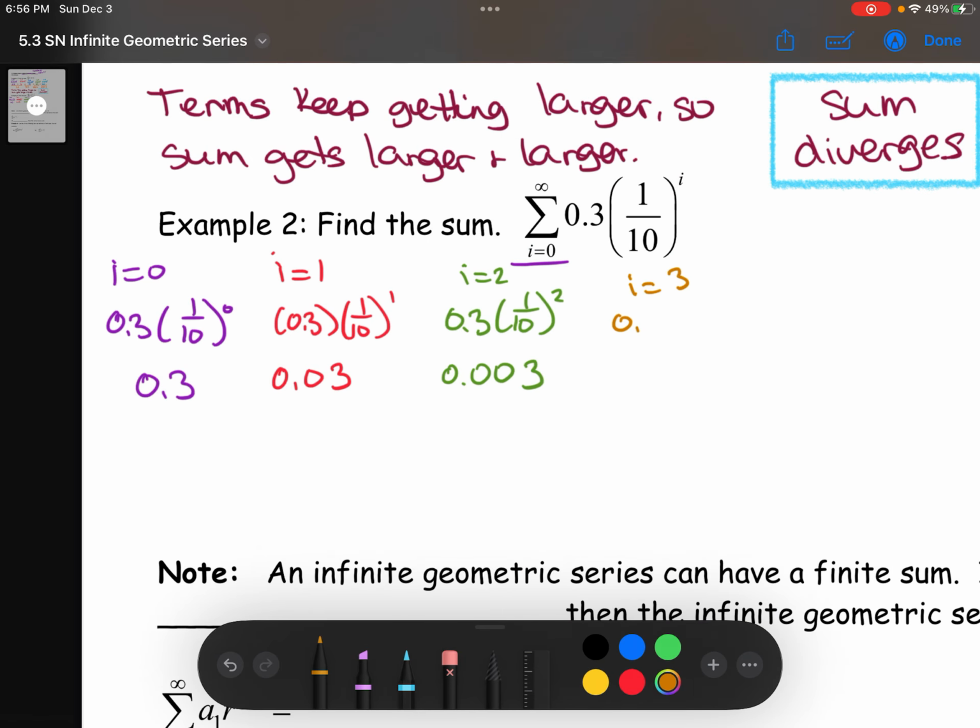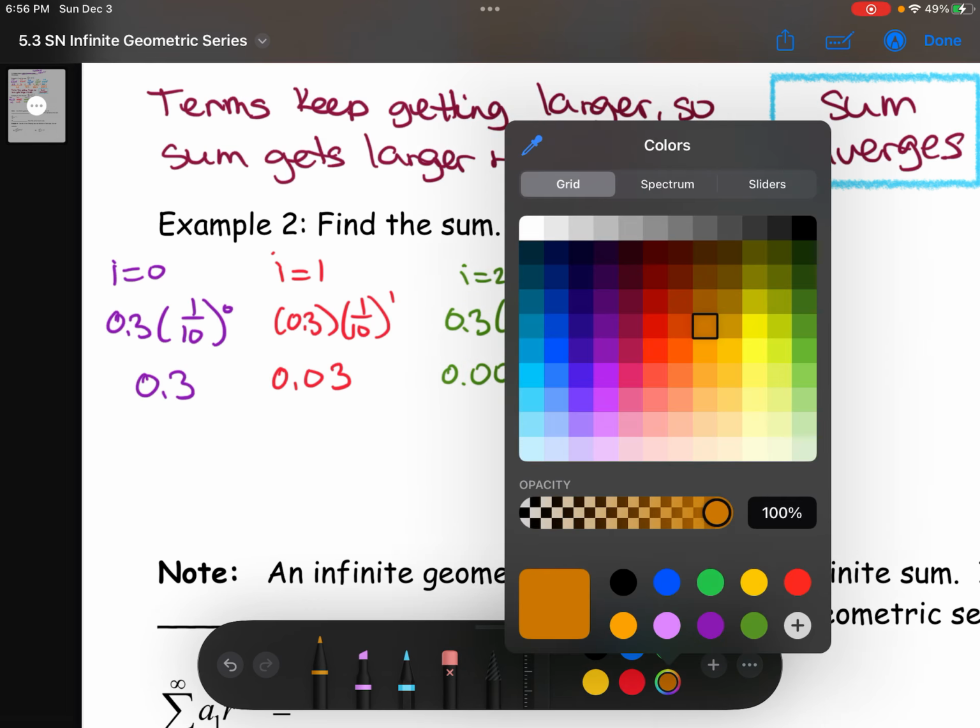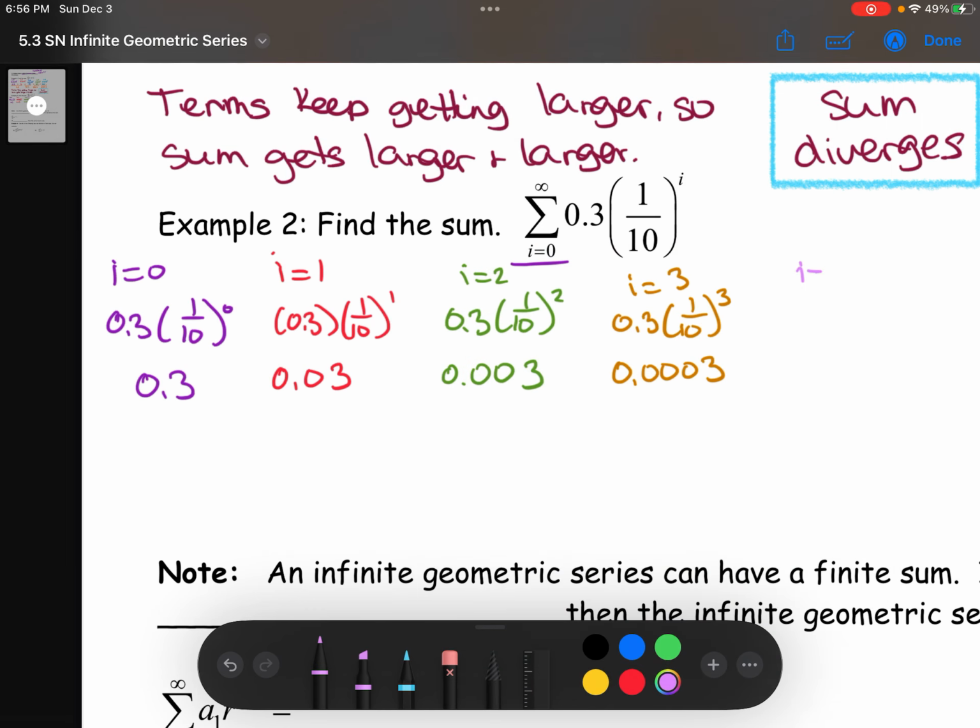If I is 3, we have 0.3 times 1/10 to the third power, and that's 0.0003. And I'm going to do one more. If I is 4, that's 0.3 times 1/10 to the fourth, so 0.00003. Those are the terms.